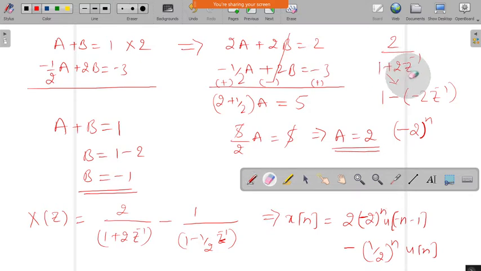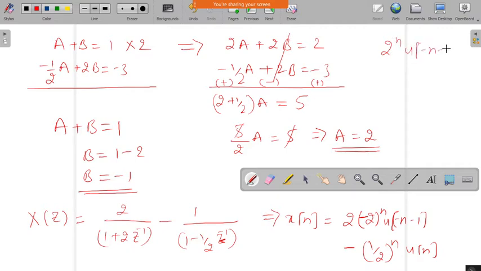Because if you take the z transform of the left sided sequence, like 2 power n into u of minus n minus 1, let us take minus 2 power n. If I take the summation n equal to 0 to infinity of minus 2 power n, since it is minus 1 to minus infinity, here it is 1 into z power minus n.